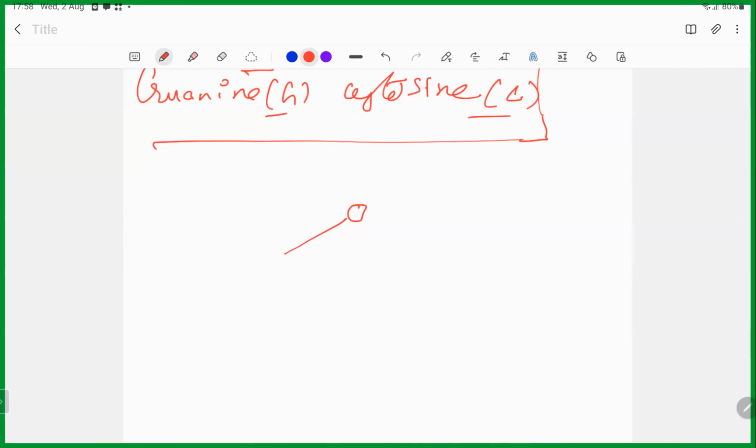Now, the sugar. DNA is made up of 5-carbon sugar. This is the basic structure of a sugar. This is carbon 1, carbon 2, carbon 3, carbon 4, and here carbon 5. It is a pentose sugar. To the first carbon, nitrogenous bases are added, for example adenine.